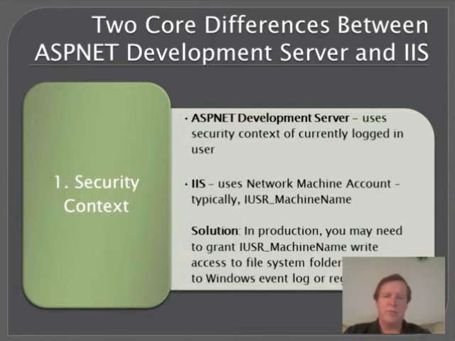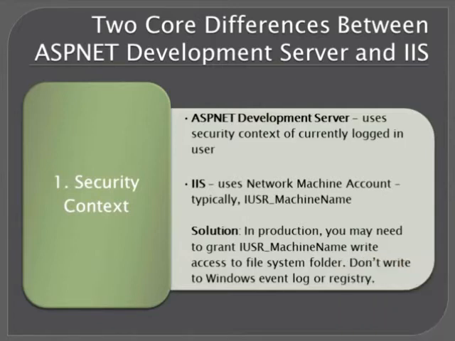Another problem that we can run into in production is if we're trying to write to the Windows event log, or to the Windows registry. That's not going to work because the hosting companies are not going to want us writing to their Windows event log and so forth. And so we won't have the right security context to do that. So it's best not to do it.